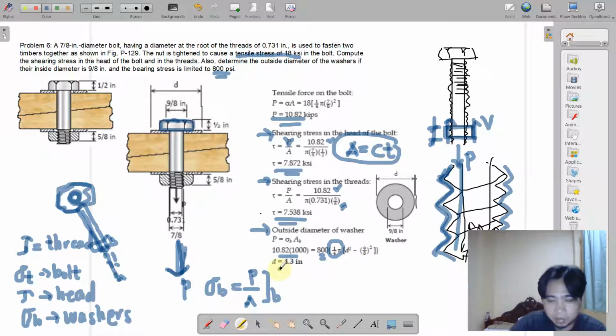Finally, manipulating the equation, of course, this is the square root of this expression. And then we have 4.3 inches as the required outer diameter to satisfy the allowable bearing stress of 800 psi.